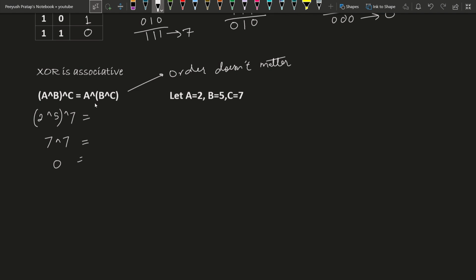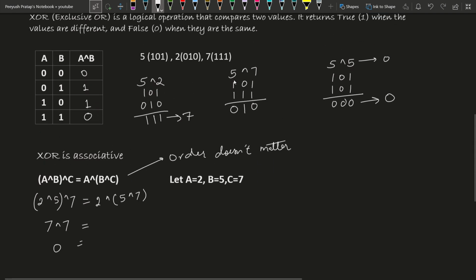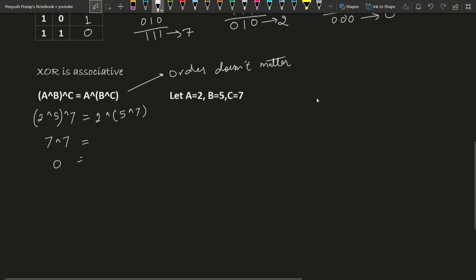Now let's look at the right hand side. 2 XOR, 5 XOR 7. If we look here, 5 XOR 7 corresponds to 2. So again it will become 2 XOR 2, and again it will be 0. So we have proved that XOR is associative and order does not matter.